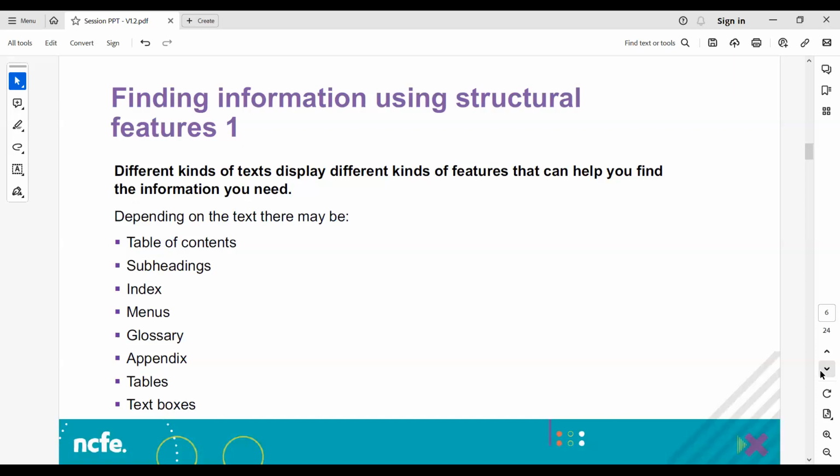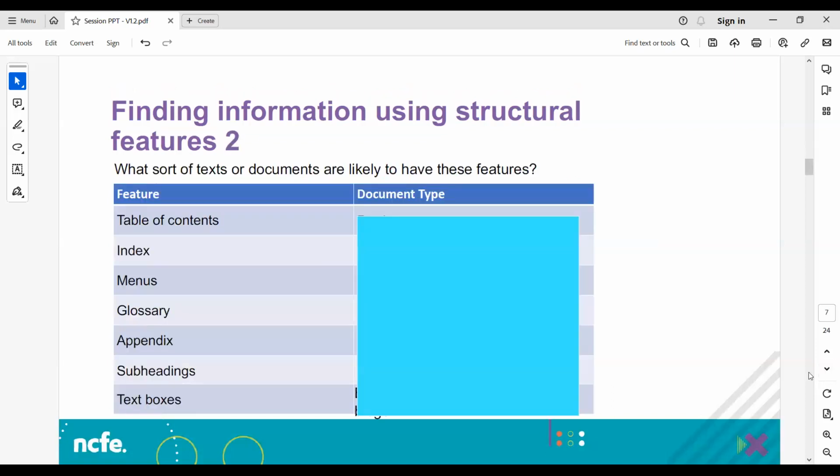So you might see a mixture of those in different text types. These are known as structural features, and I just want you to think about what type of text you might find these features in.